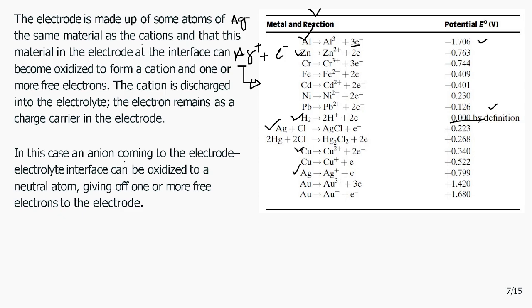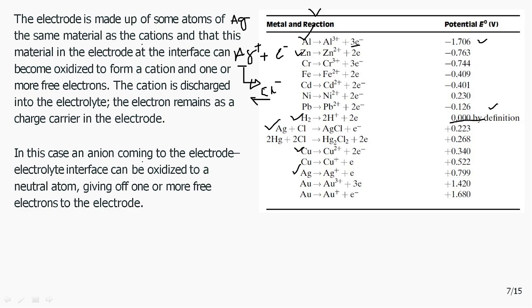Now the Ag plus released into the electrolyte tries to combine with ions inside the cell, like Cl minus, which are the anions. They move towards this Ag plus and try to combine with it.